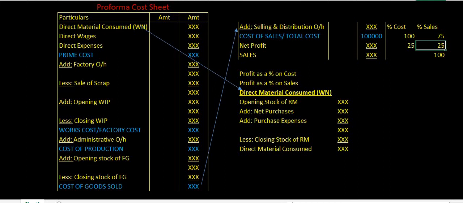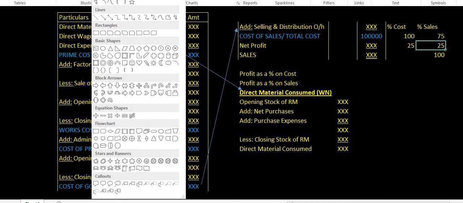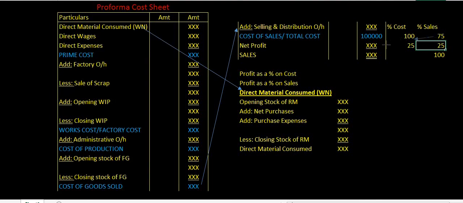This is where you will have to do cross multiplication like this. I am just taking this as the x value. You will have this cost value always available with you. So cost into 25 divided by 75.